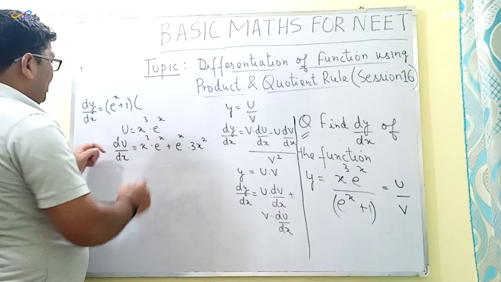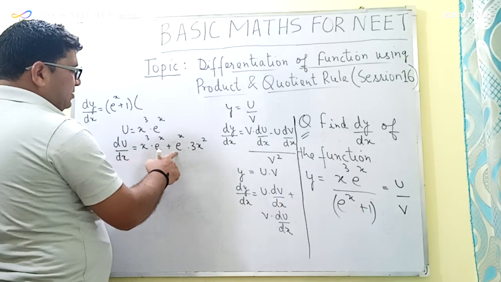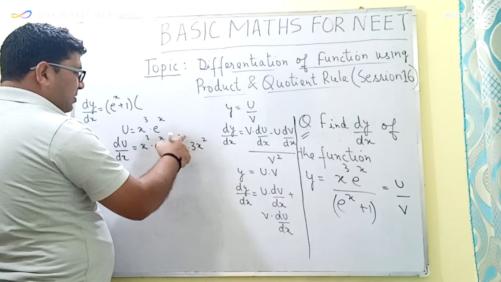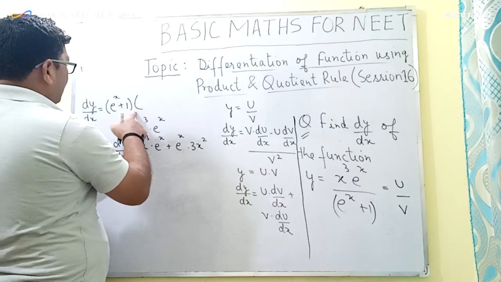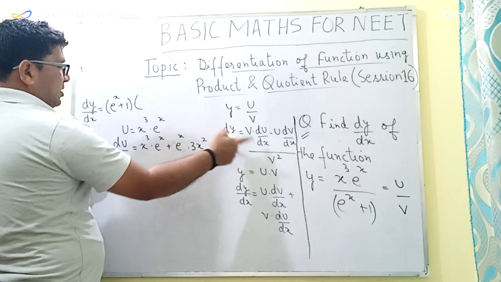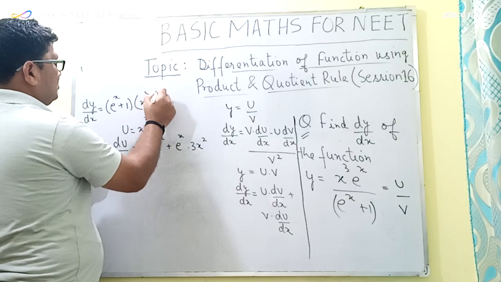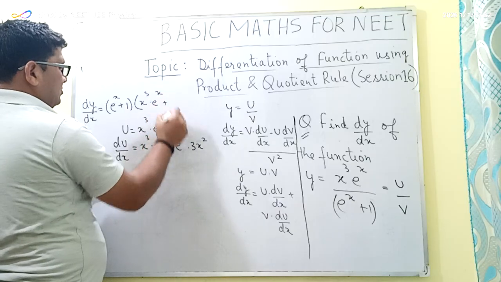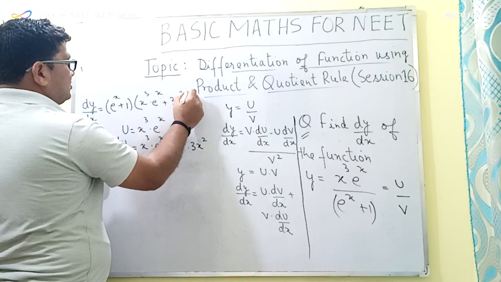So here du upon dx will be equal to x cube into e to the power x plus 3x square into e to the power x. I will be substituting this value here, that is du upon dx will be equal to x cube e to the power x plus 3x square e to the power x.